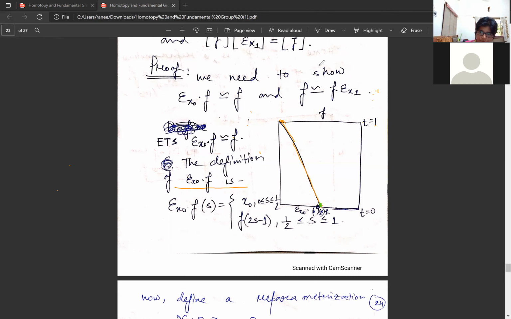This is my starting point of f, right? And the ending point of the path epsilon x naught, even though epsilon x naught means it's the constant path at the same point x naught. And at the end I have f here, so the starting point of f is here.